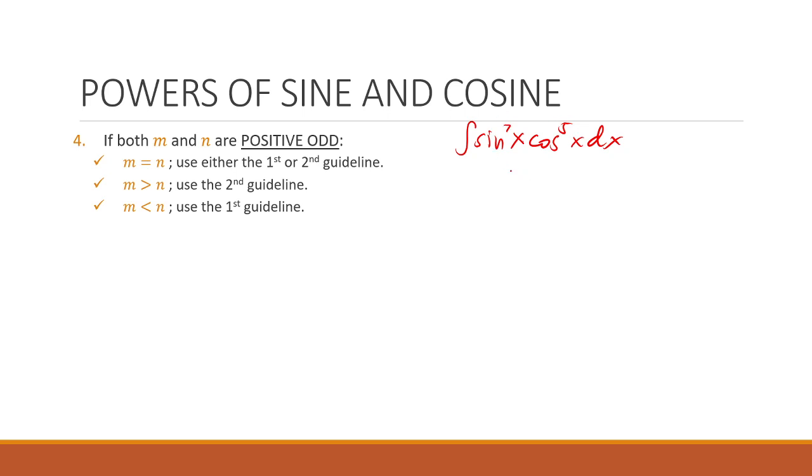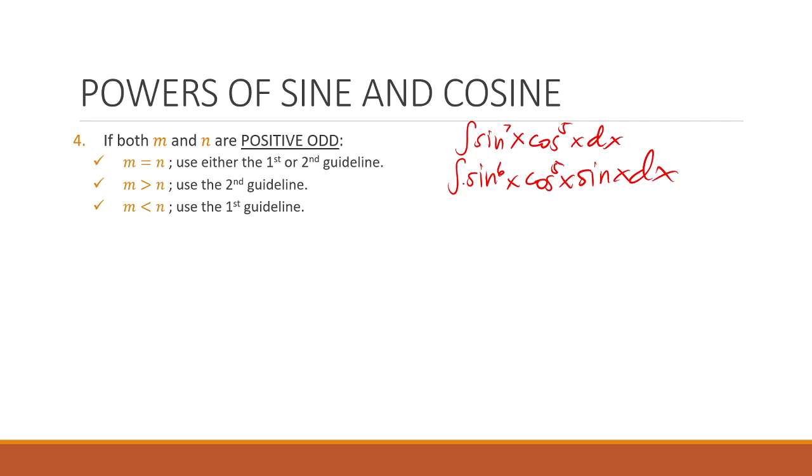Okay? So what if we use the first guideline, meaning the basis is sine. So we take out one sine function. So this raised to 7 becomes raised to 6, right? Cosine to the 5th power of x.